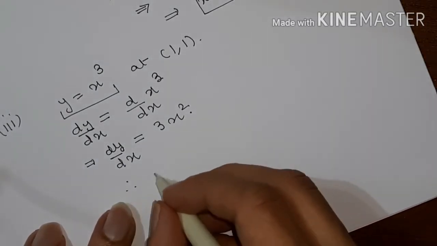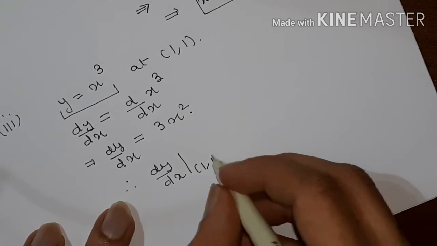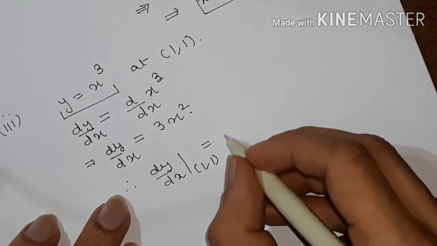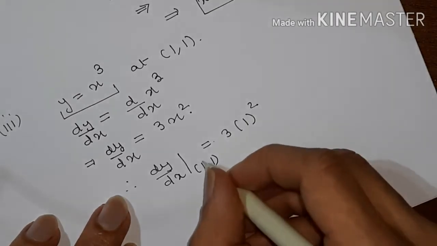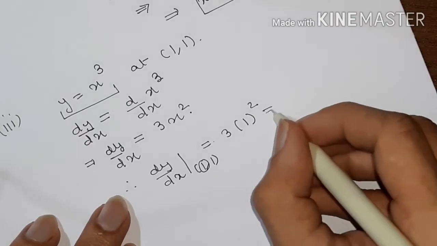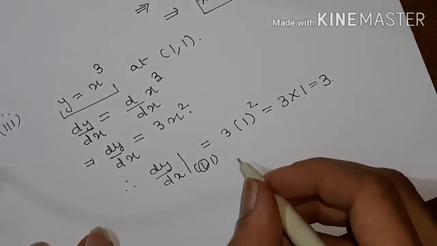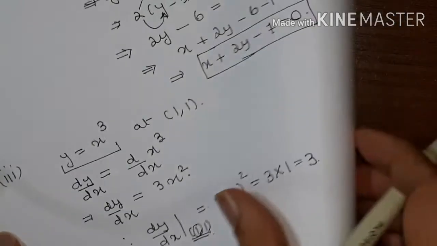So therefore dy/dx at the point (1, 1), that will be the slope of the tangent, which is equal to 3 times 1 square. Because x is 1, so 3 times 1 is 3. So the slope of the tangent at this point (1, 1) is 3.